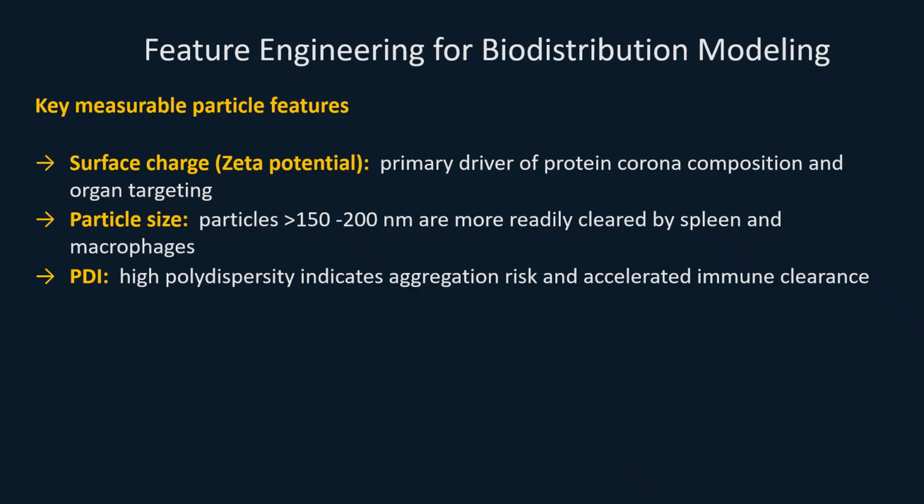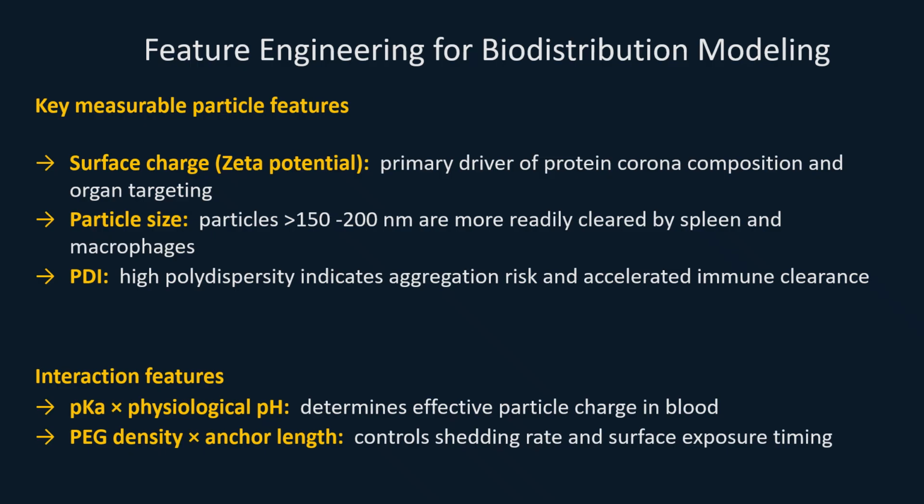Similarly, PEG behavior depends on both the density and anchor length together, which jointly control how quickly the PEG layer sheds and exposes the particle surface. So these interaction terms are important to include clearly in any model.